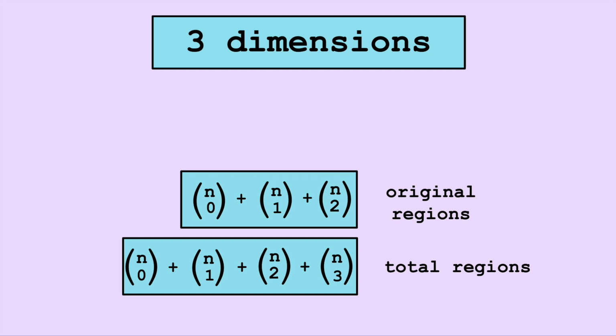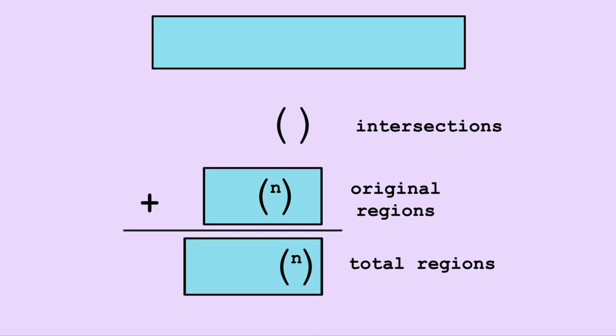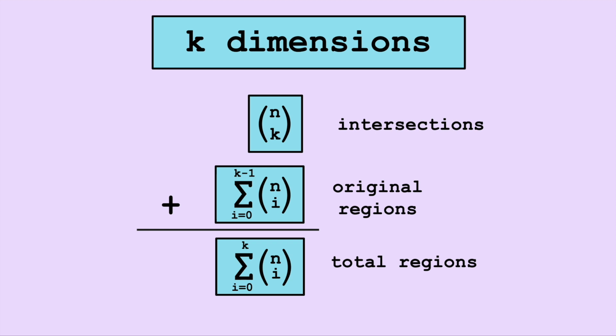Then, as we move the plane up, we will encounter n choose 3 intersections of 3 planes, or points, each of which leads us to encountering a new region. Therefore, once we have moved past all the interesting points, we will have seen n choose 0 plus n choose 1 plus n choose 2 plus n choose 3 regions, and in k-dimensional space, we will see n choose 0 plus n choose 1 plus, and so on all the way up to n choose k regions in total.